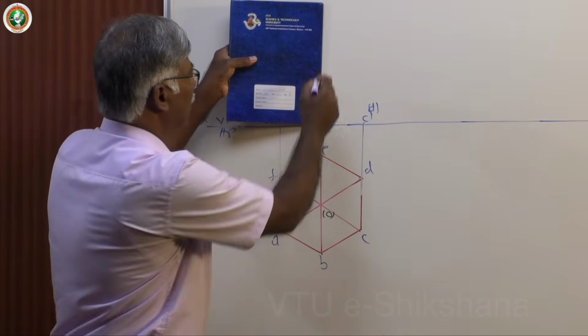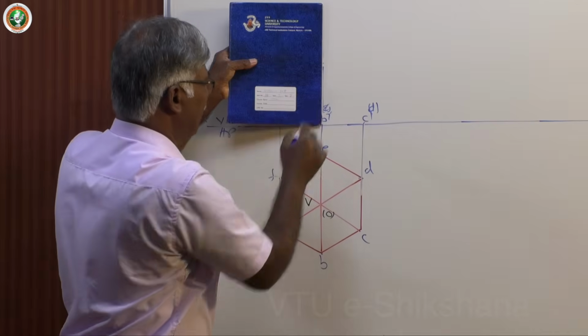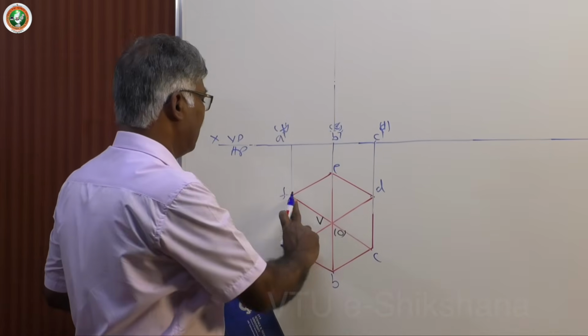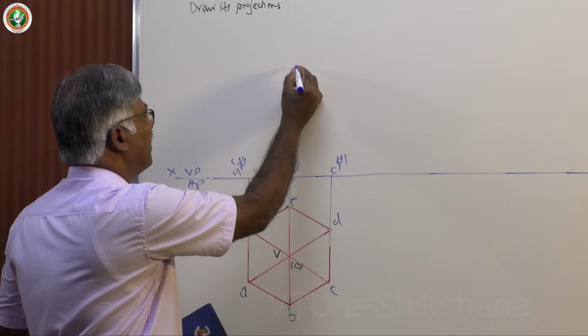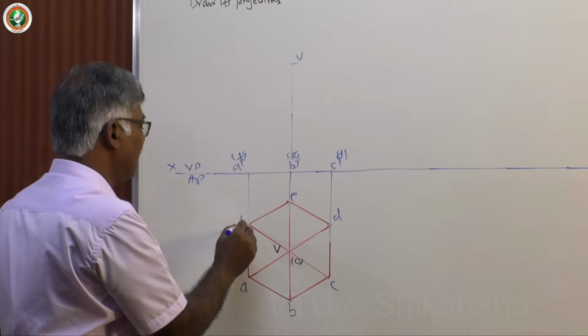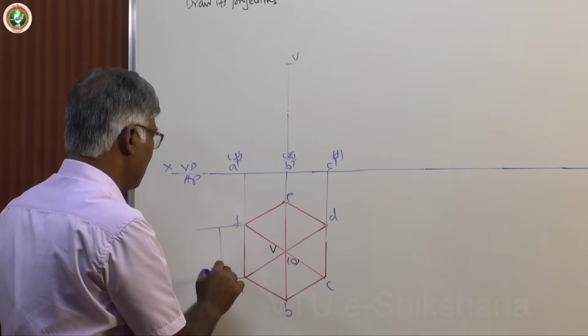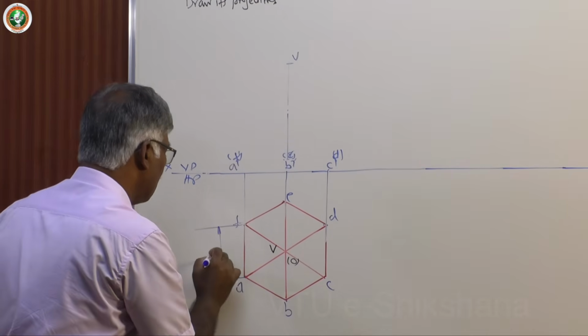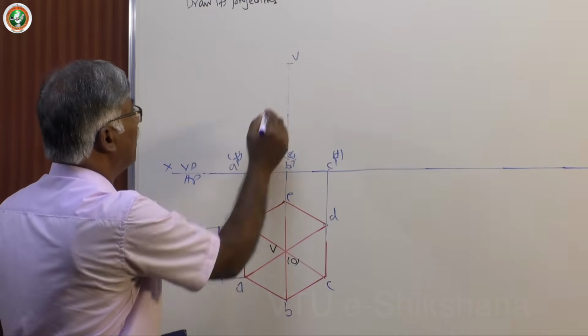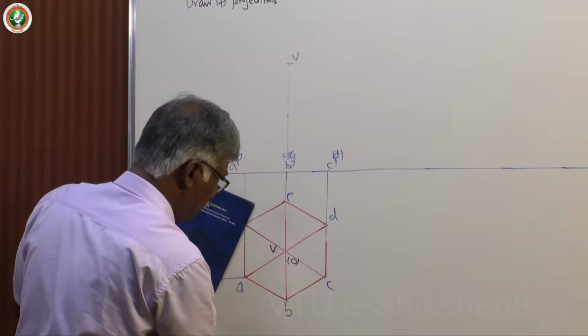Then project only the center, base center, and fix the height, 60 mm. This is 30 as per the given dimension. So join these points.